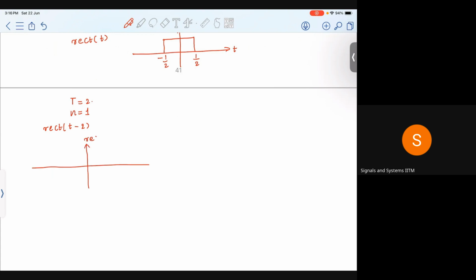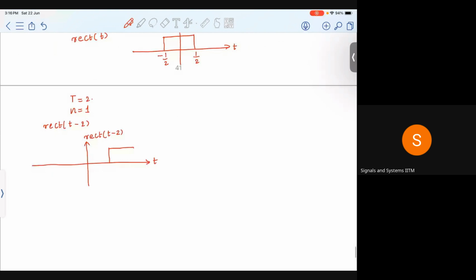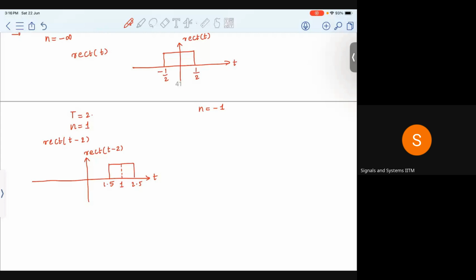So this is the rectangular function of t minus 2, correct? Yes, ma'am. Now let me also see for n equal to minus 1.